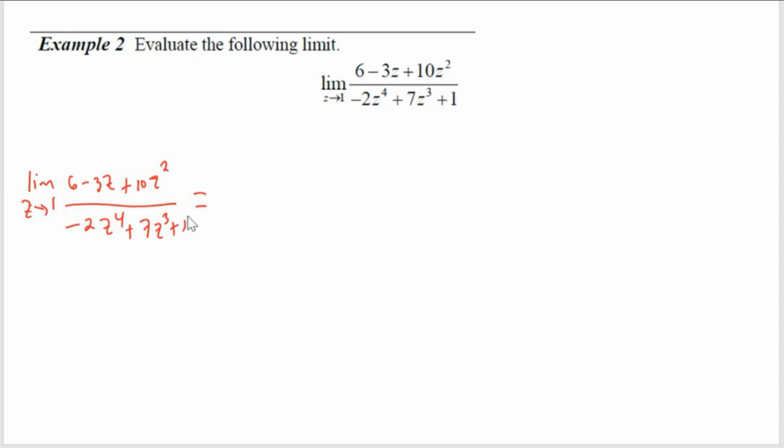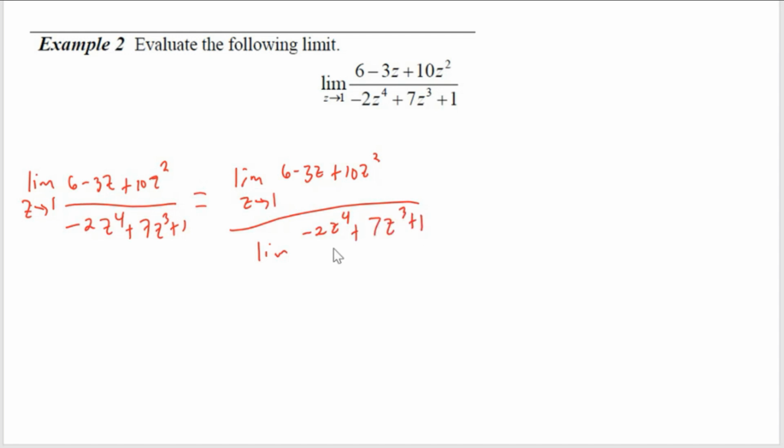So using the property number 4, I can write now the limit of 6 minus 3z plus 10z squared as z approaches 1 all over the limit of negative 2z raised to 4 plus 7z cubed plus 1 as z approaches 1. Now, we're going to apply the properties.